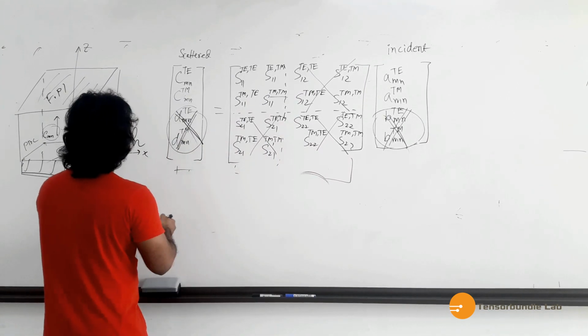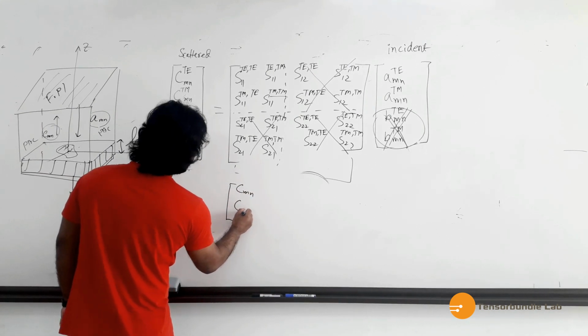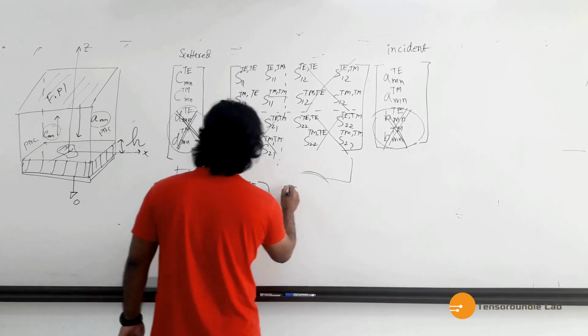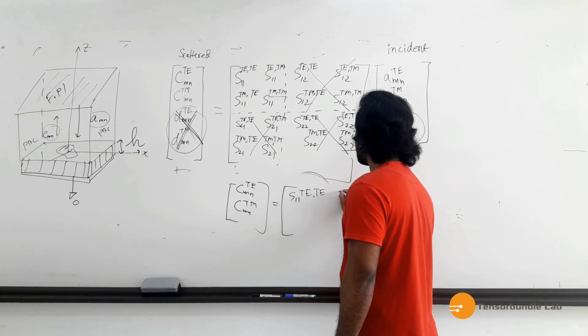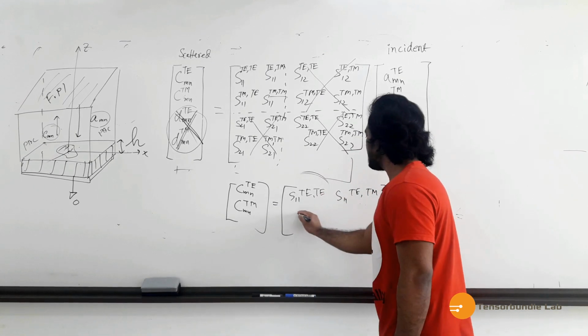So the revised or simplified version can be written as C_mn transverse electric, C_mn transverse magnetic, is equal to the matrix S11 with transverse electric-transverse electric, transverse electric-transverse magnetic, transverse magnetic-transverse electric, and transverse magnetic-transverse magnetic components, multiplied by A_mn transverse electric and A_mn transverse magnetic.